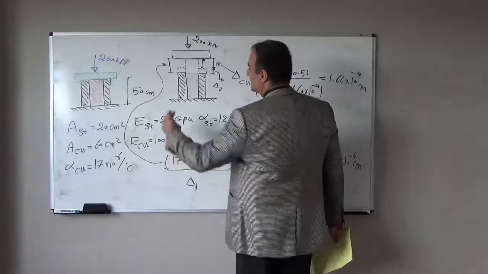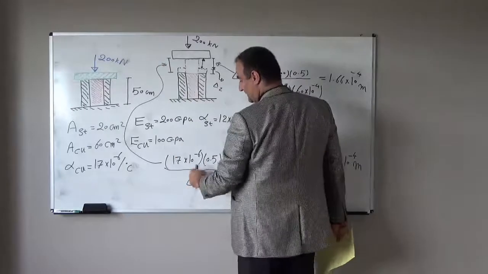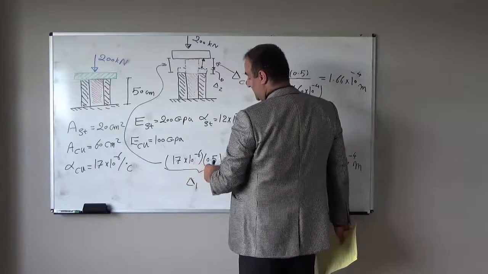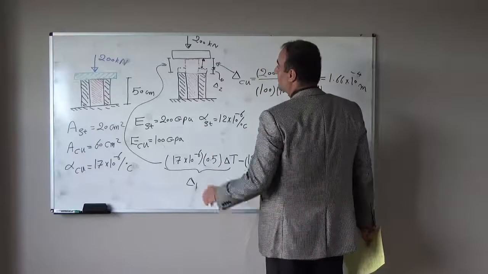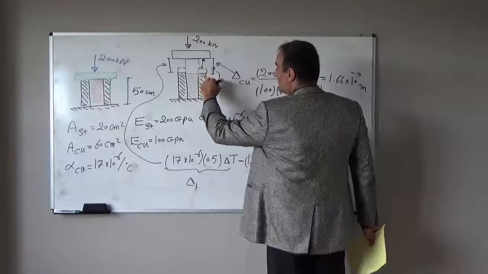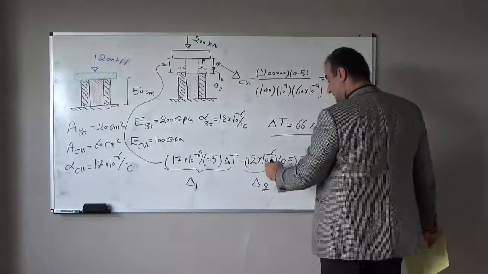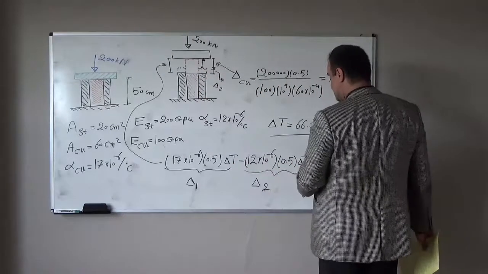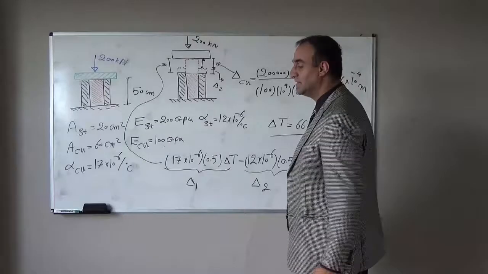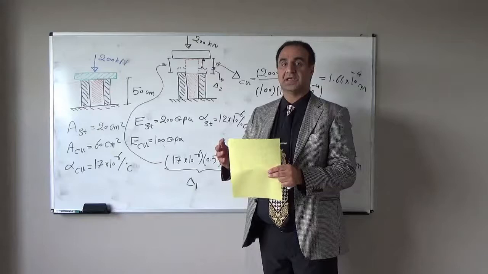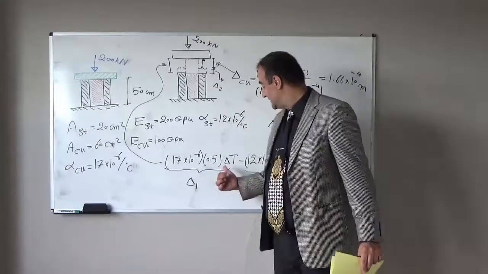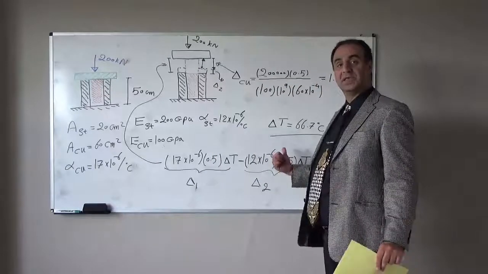So deformation for copper will be bigger than deformation for steel. Deformation for copper I show with delta 1. It is alpha L delta T for copper. Deformation for steel I will show with delta 2: alpha of steel times L of steel times delta T of the steel. Because we put the entire assembly in the same environment, delta T for both should be equal.